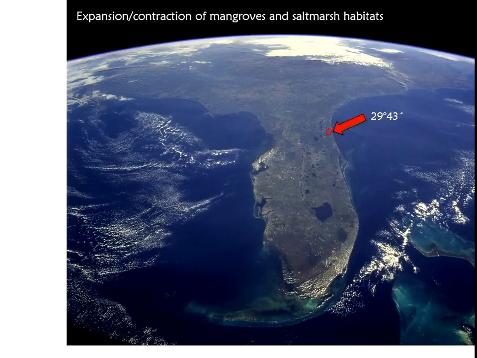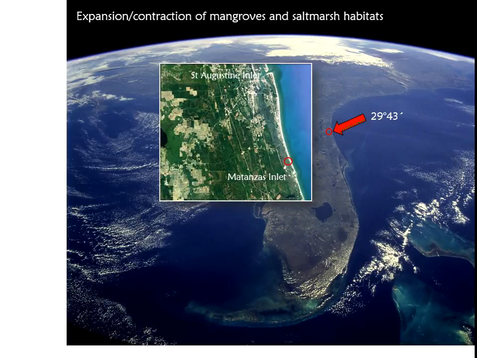So we have another study here looking at a longer time scale. Just right here, this is pretty much right where we are right now. And this is another postdoc, a remote sensing guy that I worked with. I'm going to zoom in, so I want you to know where we are.